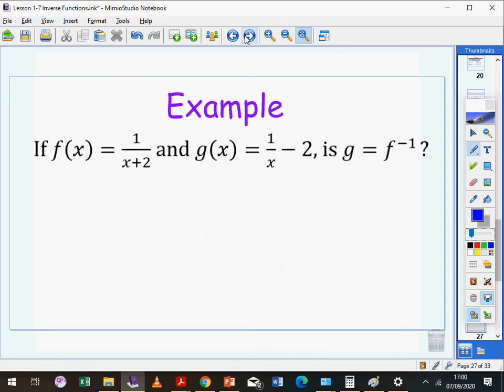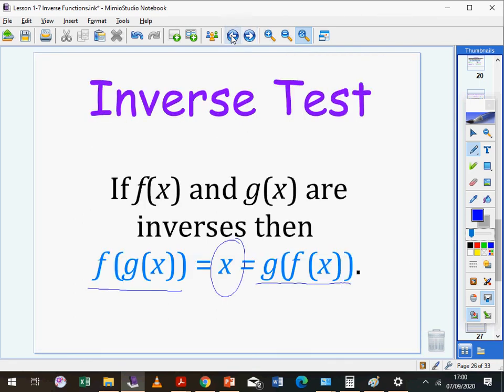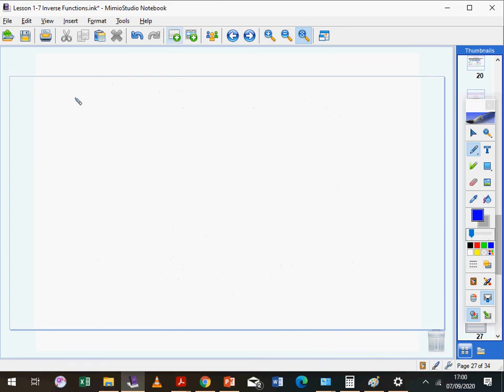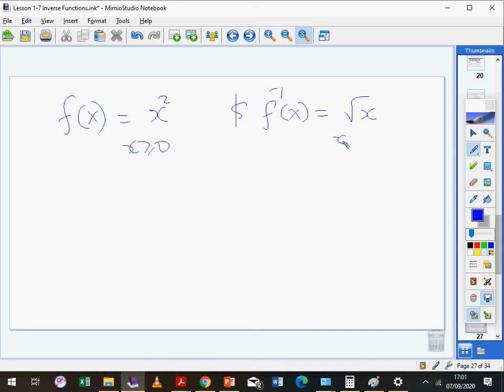Let me start with something here: if I have f of x equals x squared, I love this function, you guys love it too, and its inverse is equal to the square root of x over the range x is greater or equal to 0, and this is also x greater or equal to 0.